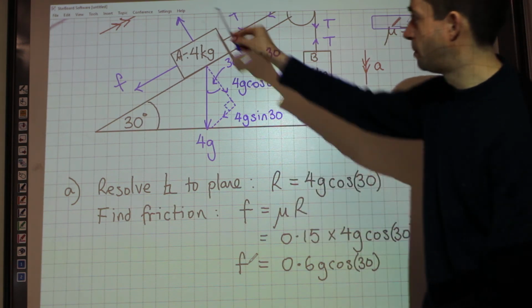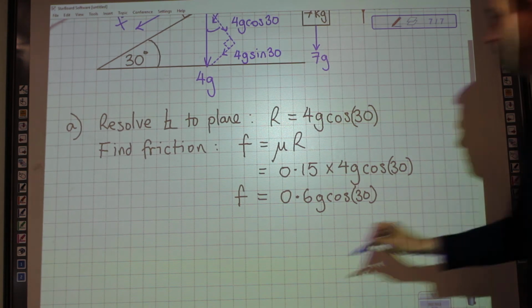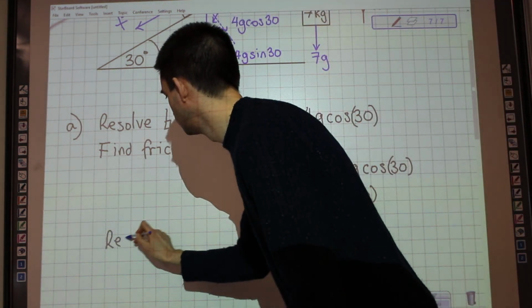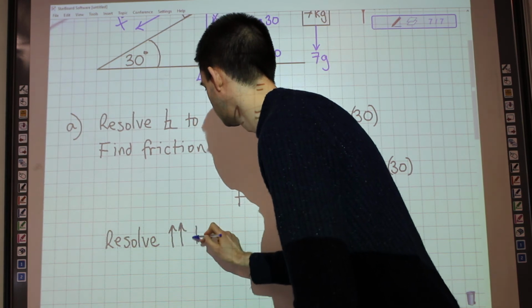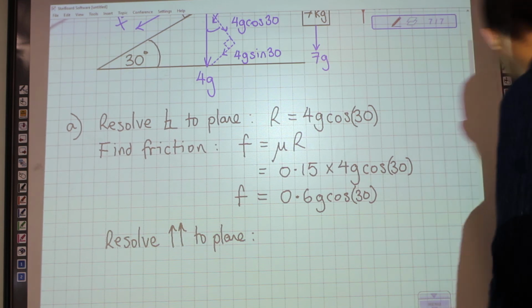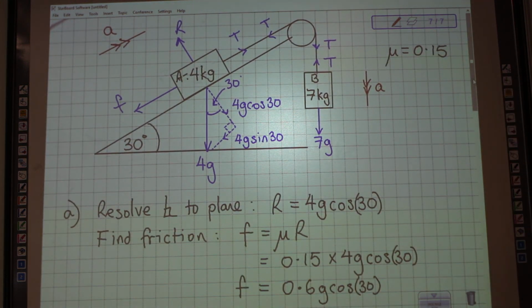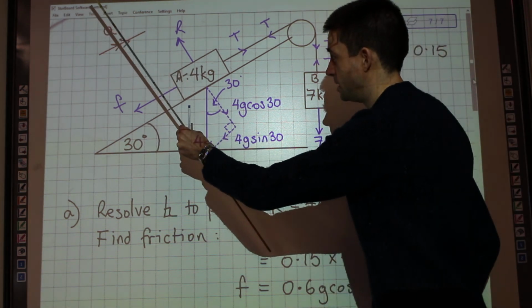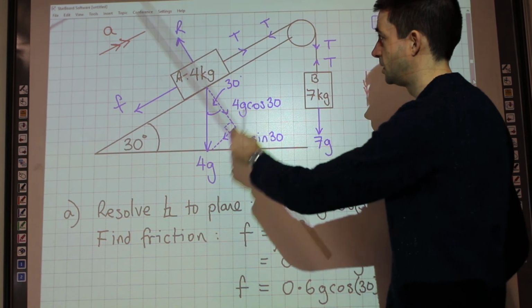So I've resolved perpendicular to the plane. I'm now going to resolve parallel to the plane. And again, in the same way as when I looked perpendicular to the plane, I stood my ruler on here and looked at all the forces acting in this plane.